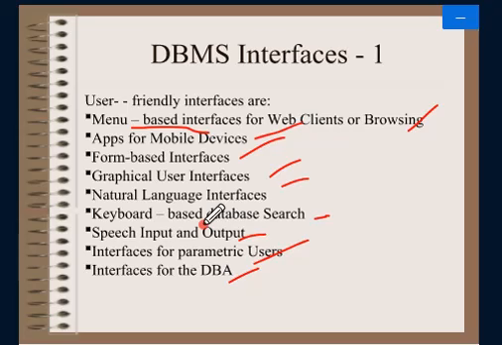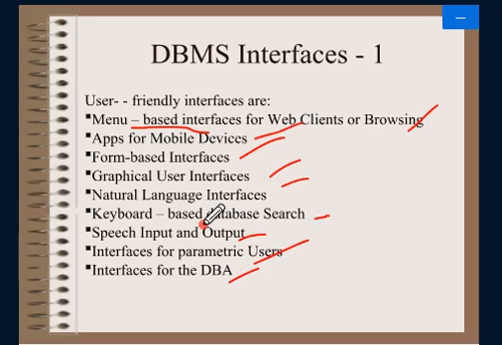When we open any website, it can be our VTube website, or any banking website or reservation system website, we will see menus with a list of options. We just have to pull it down and pick the particular option which we want.